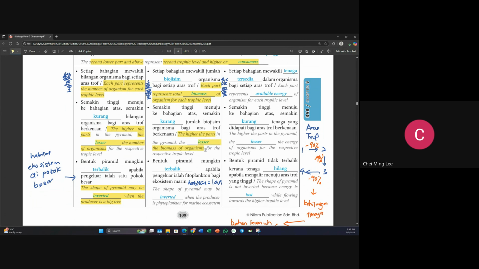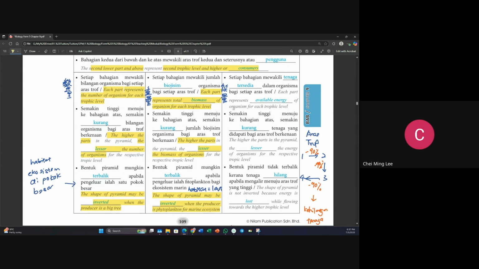We are talking about the total biomass, which is the number of organisms multiplied by their mass. So the total biomass will be lesser. Why? Because the number is lesser. The shape also might be inverted when the producer is phytoplankton, because phytoplankton is very light, the mass is very small, so that's why it might be inverted as well.